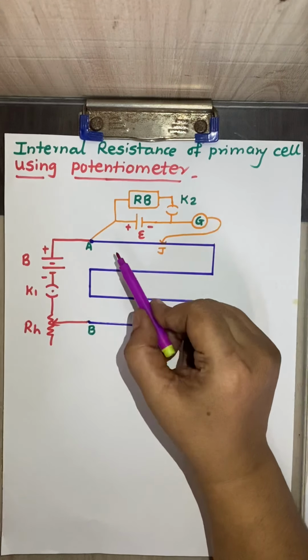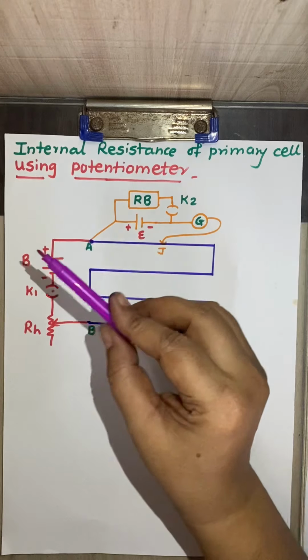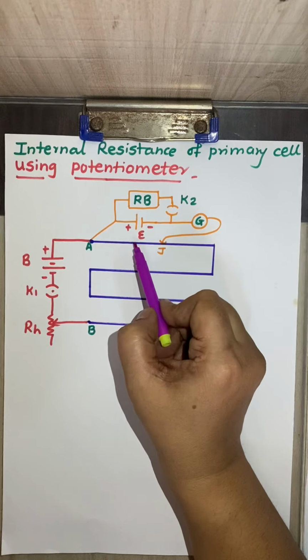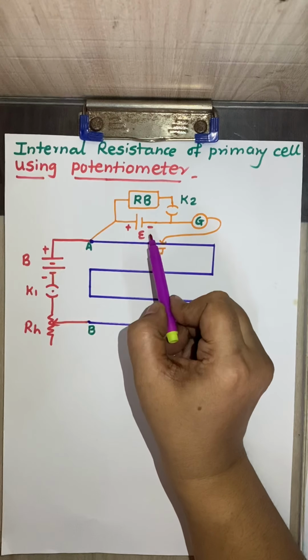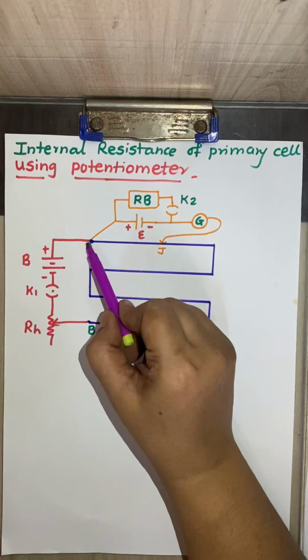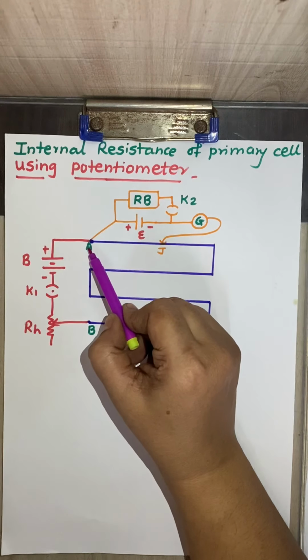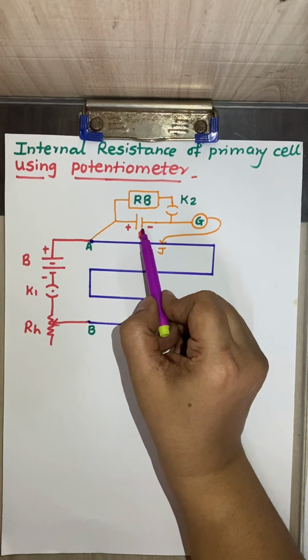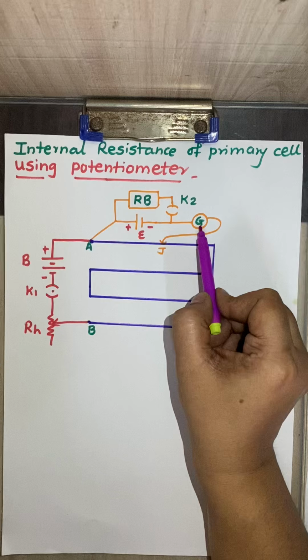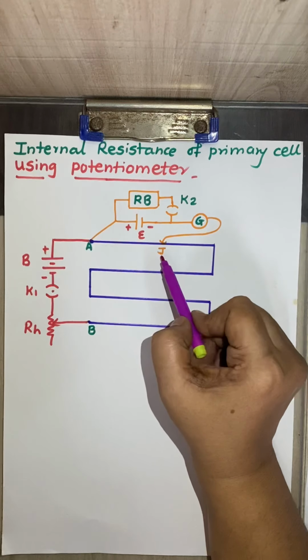Now in this circuit, you can see that the positive terminal of the cell, whose EMF is E and internal resistance is r, which is not shown here and which we want to measure, is connected to the end A of the potentiometer, and the negative terminal of that cell is connected to the galvanometer and then to the jockey.